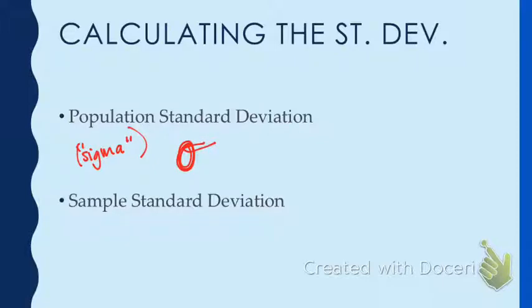I'll try drawing it again. It just looks like a curly O. And then the sample standard deviation is just the letter S. So population is always Greek. Sample is the English alphabet S.